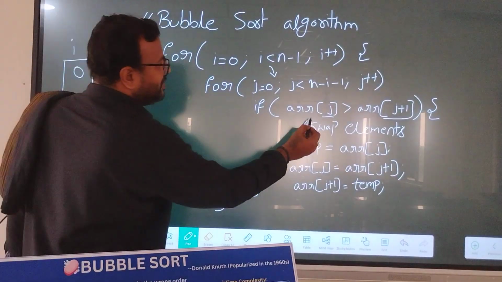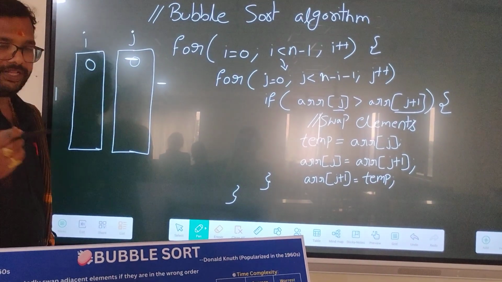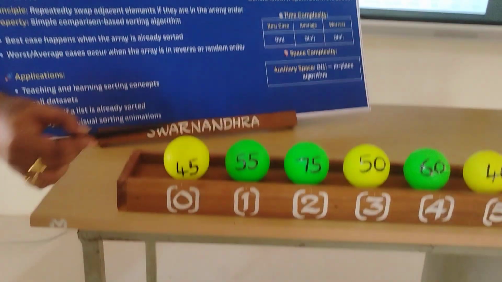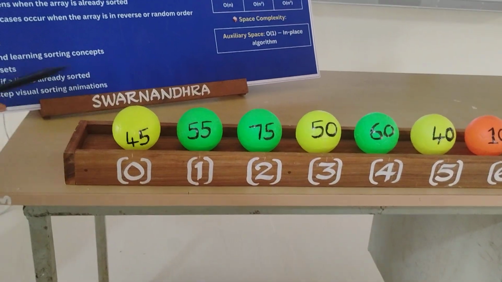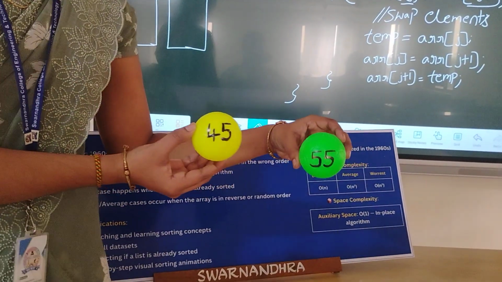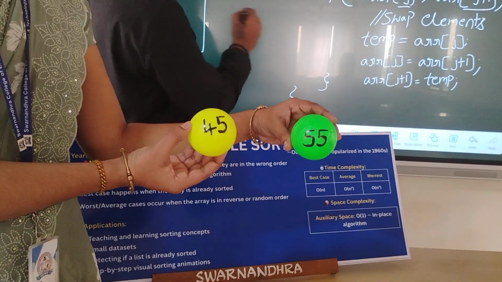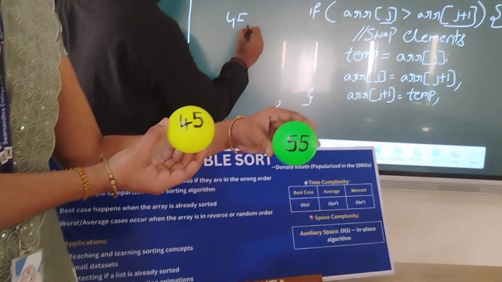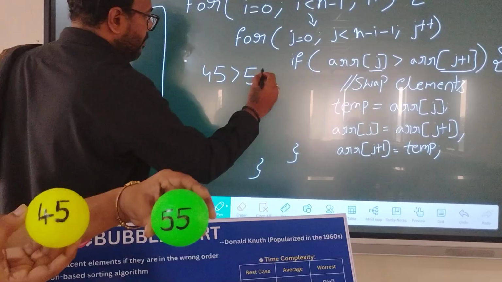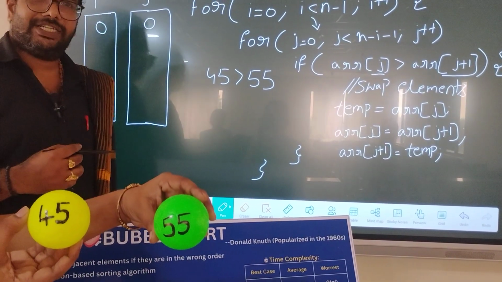Now arr of j is compared with arr of j plus 1, meaning arr of 0 is compared with arr of 1. Pick these two. What are the values? 45 and 55. 45 is compared with 55. Is the condition true or false?